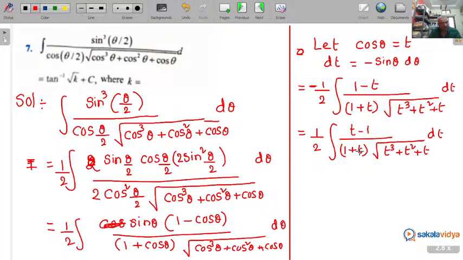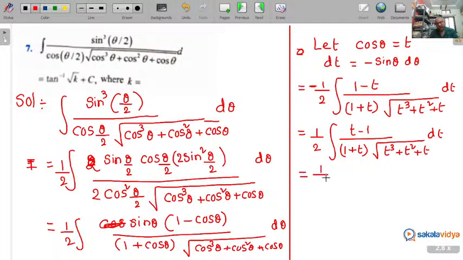Here, now let us take t common. If you take t common, what do you get now here?